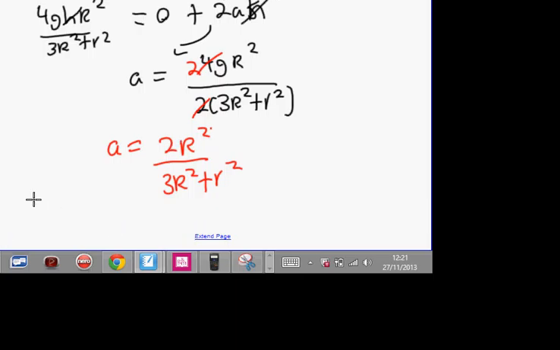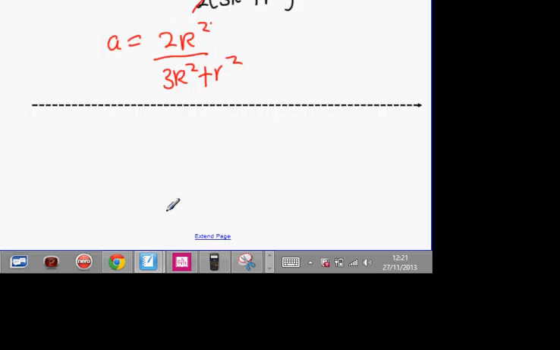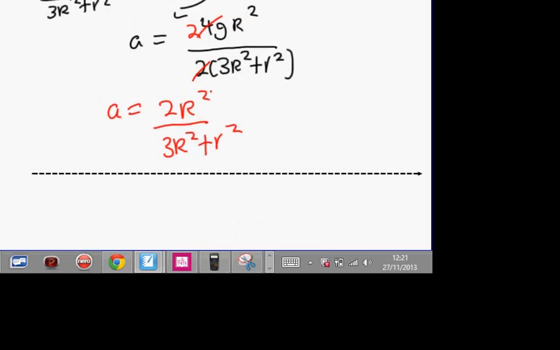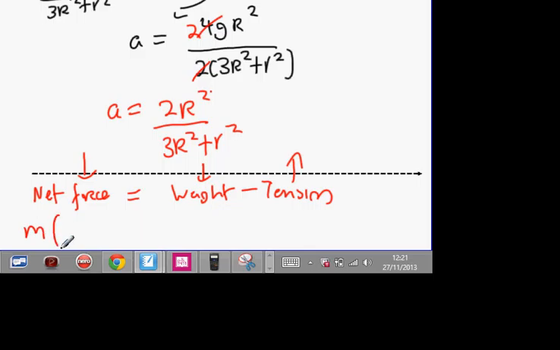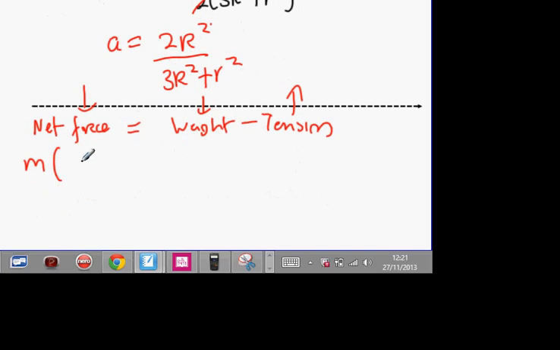So, part 3. Net force equals weight minus tension. Net force going down, weight going down, tension going up. Net force is mass multiplied by acceleration. And acceleration, as we know, is this here.